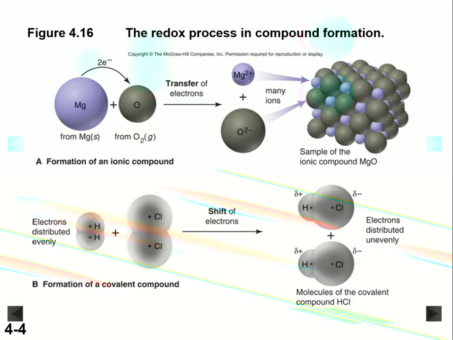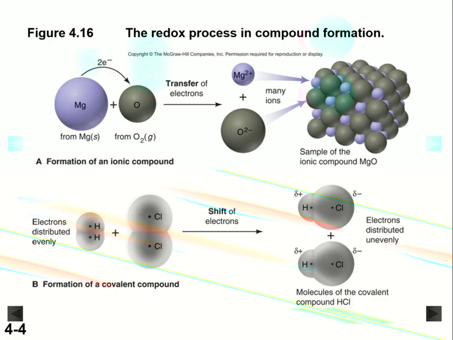Oxygen is a chalcogen. Magnesium loses 2 electrons to the oxygen. Magnesium becomes magnesium 2+ ion. Oxygen becomes O2-. We form magnesium oxide. That is a redox reaction. Magnesium is oxidized. Oxygen is reduced.